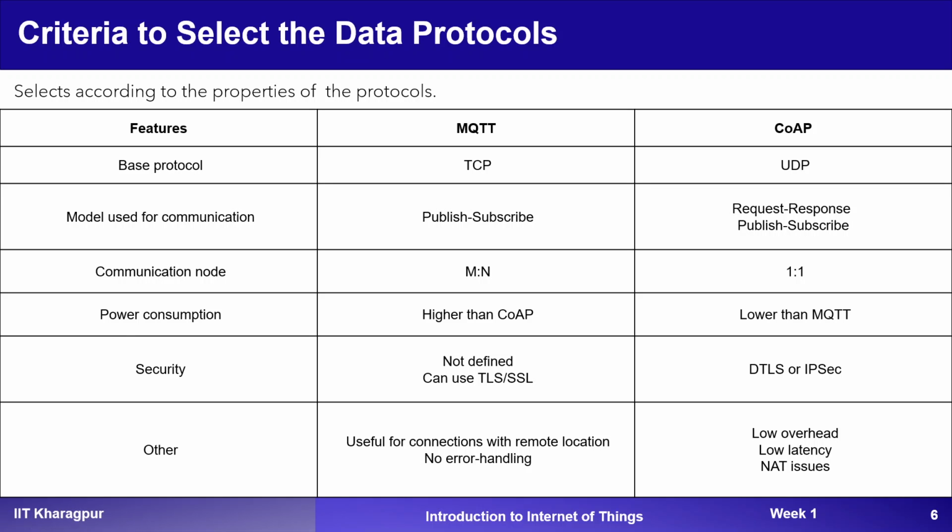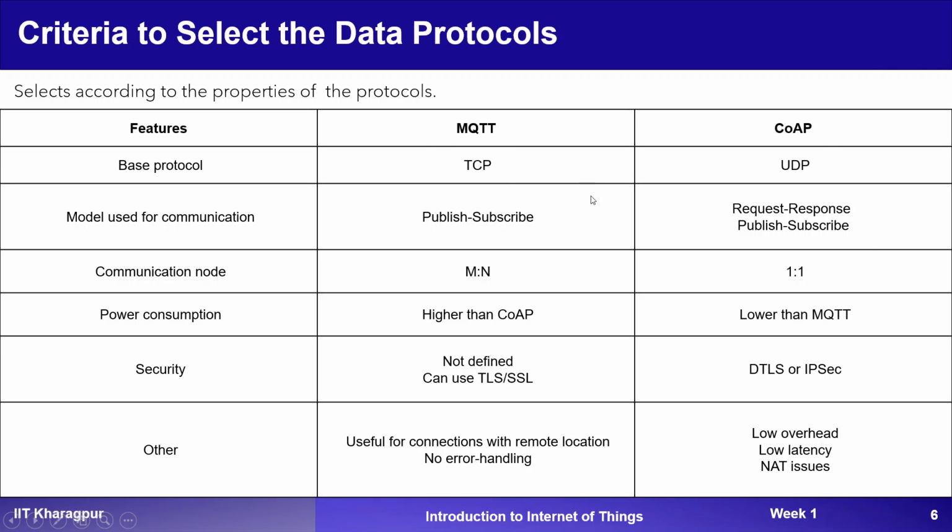If you want to place your sensors in mines, it will be difficult to regularly change the batteries of the sensors, right? In that case you have to use the protocol which is, first of all, secure, and second, requires less power. So in that case CoAP will be more suitable as compared to MQTT.